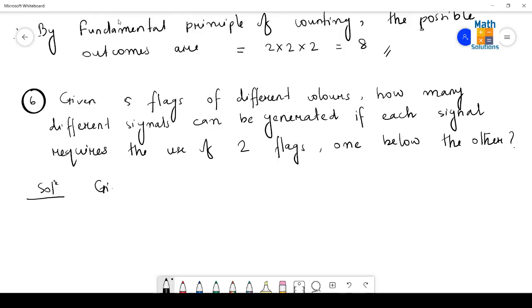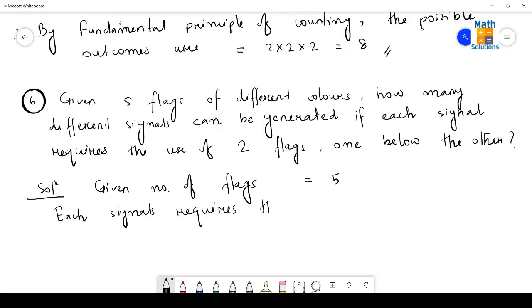Given, number of flags is equal to 5. Then after, each signal requires the use of 2 flags.